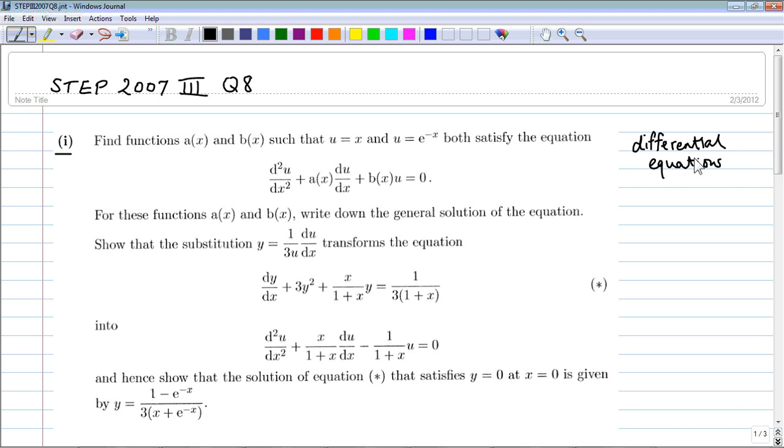Excuse me, but basically the knowledge expected is exactly the same as what you should have learned in further maths.